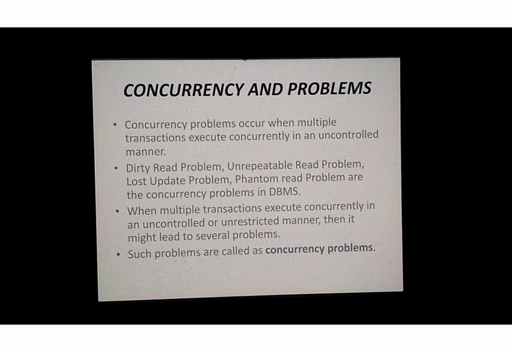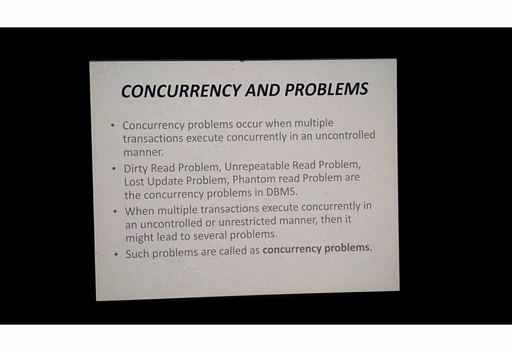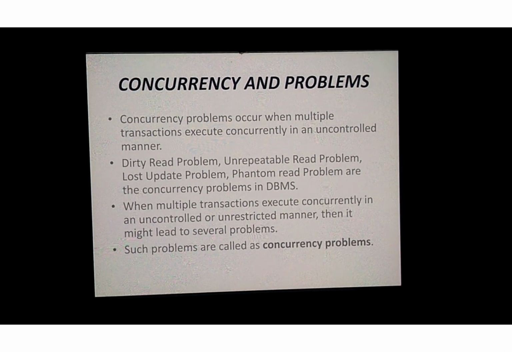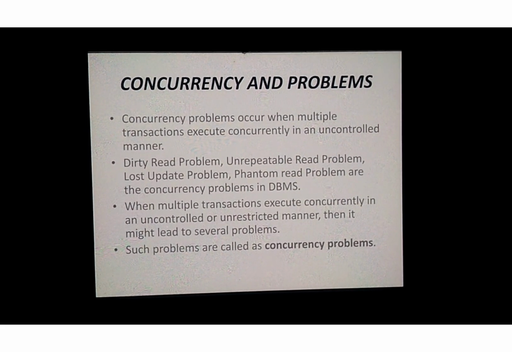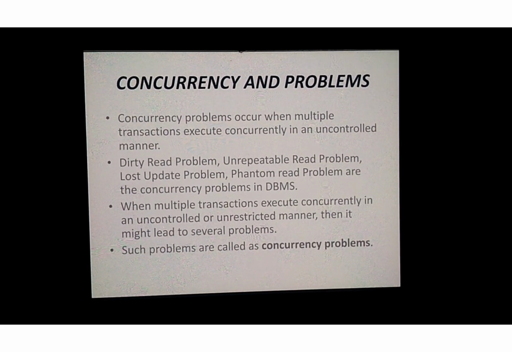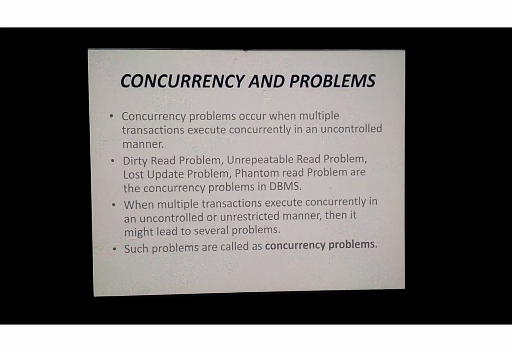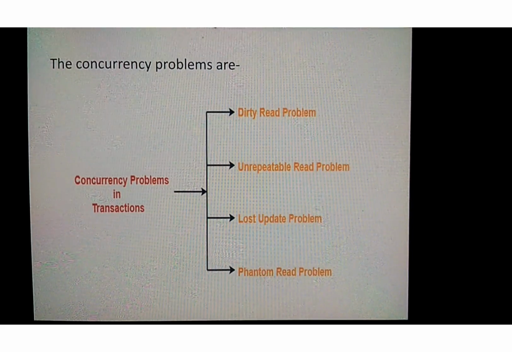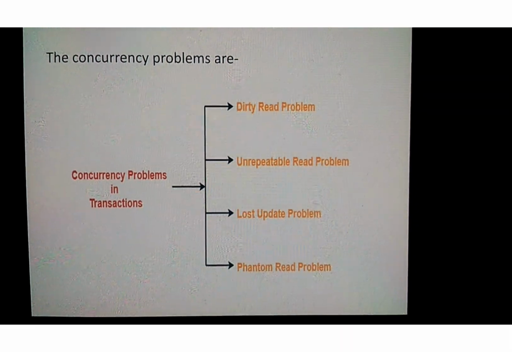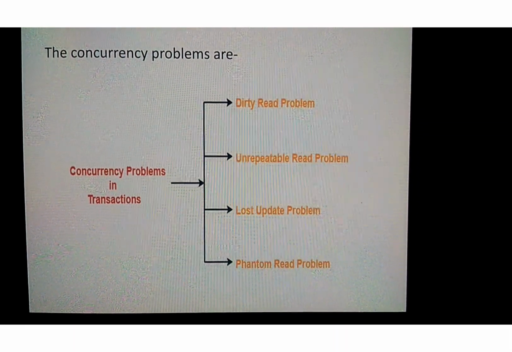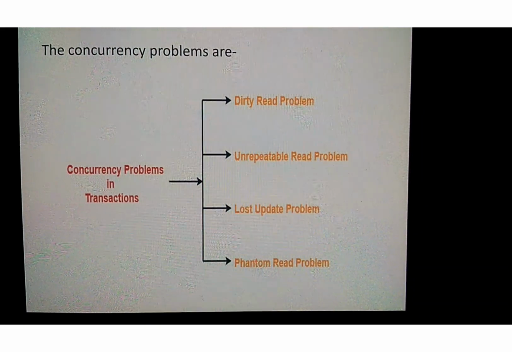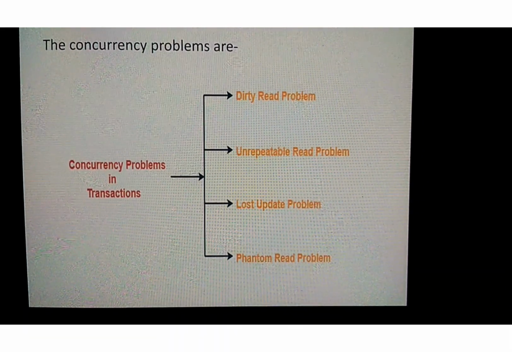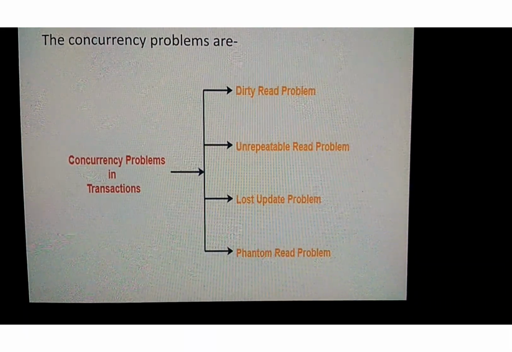When multiple transactions execute concurrently in an uncontrolled or unrestricted manner, then it might lead to several problems. Such problems are called concurrency problems. The concurrency problems in transactions: first is dirty read problem, second is unrepeatable read problem, third is lost update problem, and fourth is phantom read.